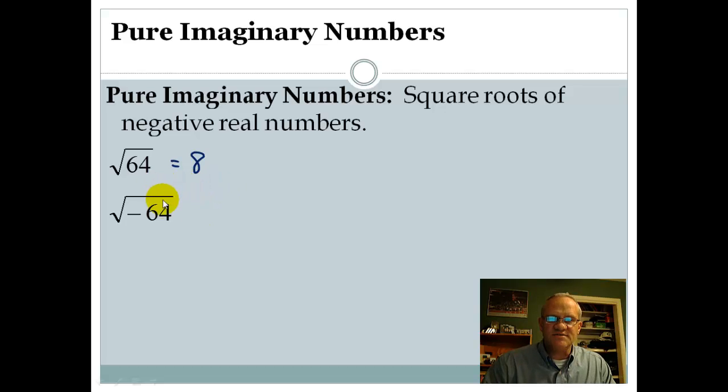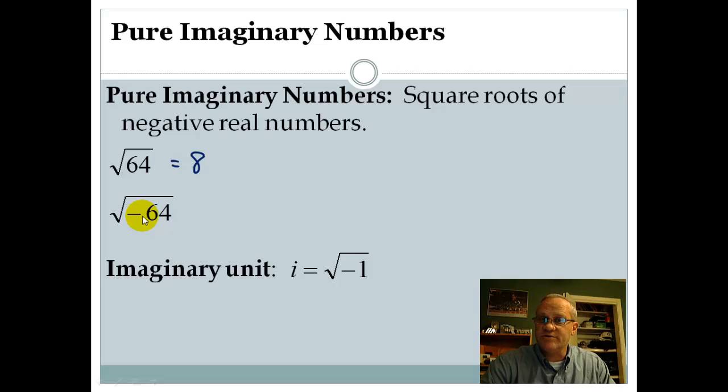So I think you can see the problem: when we have the square root of a negative 64, there is no number that can be multiplied by itself to get negative 64, because to get negative 64, one number has to be negative and one has to be positive. So this doesn't work. So somebody along the line came up with this.